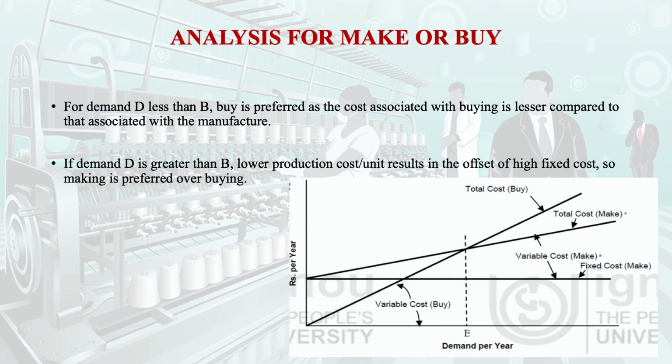If the demand D is less than B, then buying is preferred, because the cost of buying is lower than the cost of manufacturing. But if demand is higher than B, the lower variable cost of producing the item will offset the high fixed cost, and therefore making will be preferred over buying.